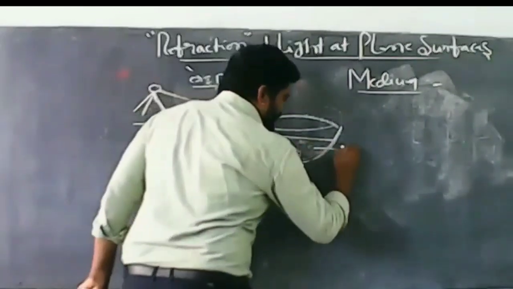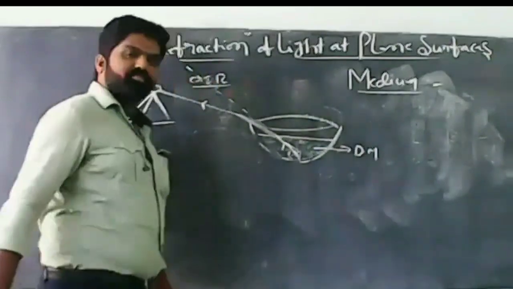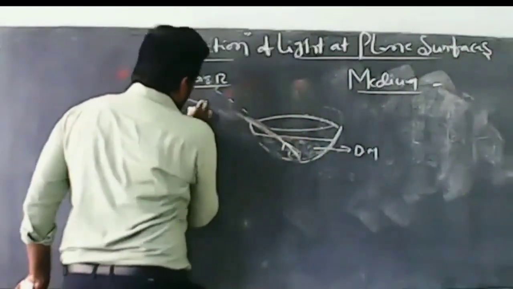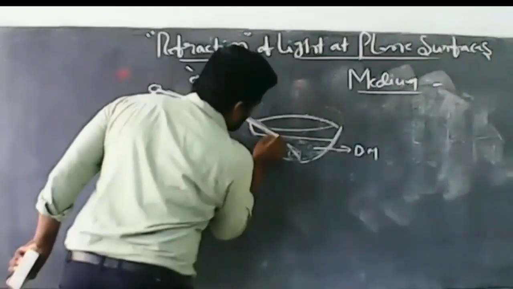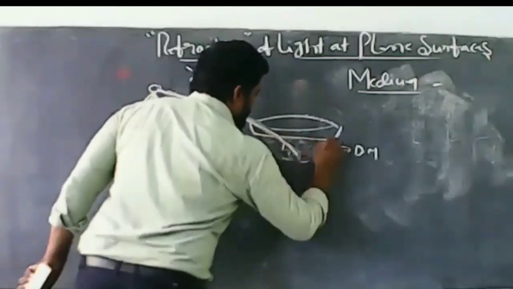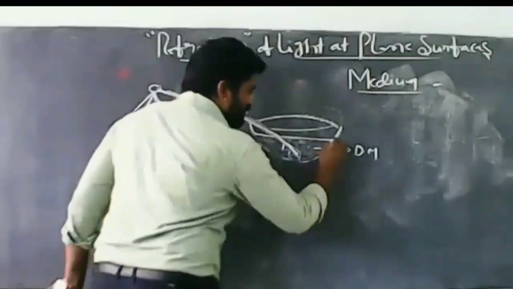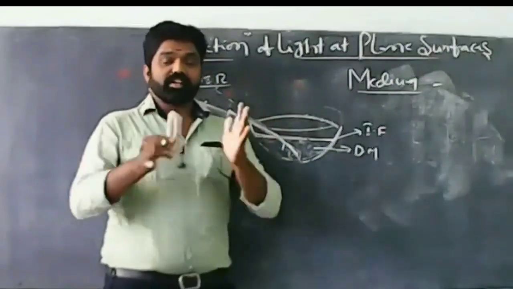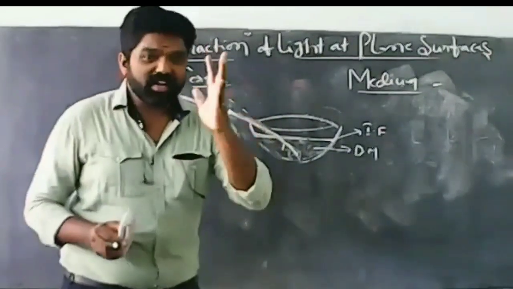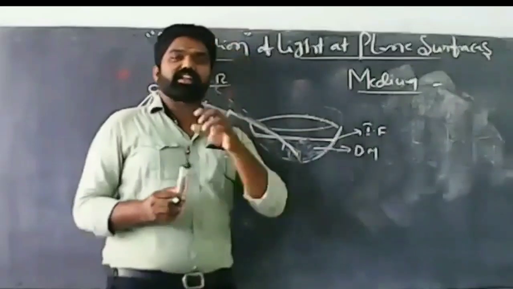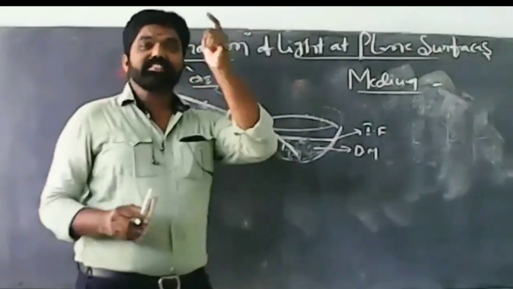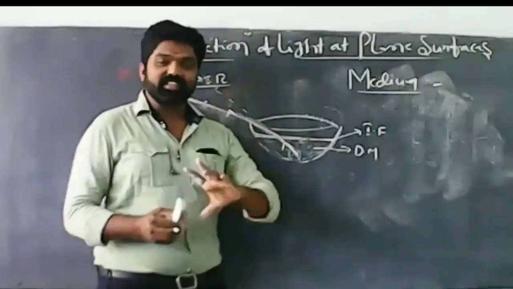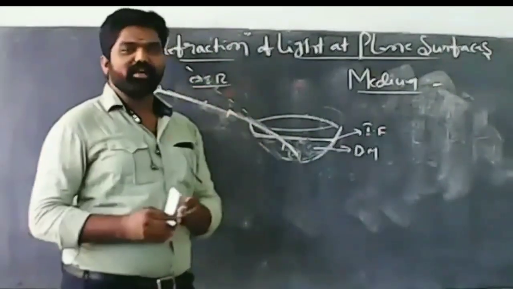Now it is filled with water. Water is a denser medium. The separating part of two mediums is called the interface. When light rays travel from one transparent medium to another transparent medium, they change their direction because the velocity of light changes from medium to medium.